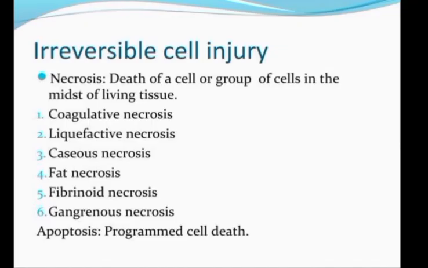During reperfusion, oxygen generates toxic free radicals. The main toxic free radical is the superoxide radical. Third, inflammatory responses. Reperfusion attracts inflammatory cells. These cells release more free radicals and proteolytic enzymes, resulting in additional tissue injury.